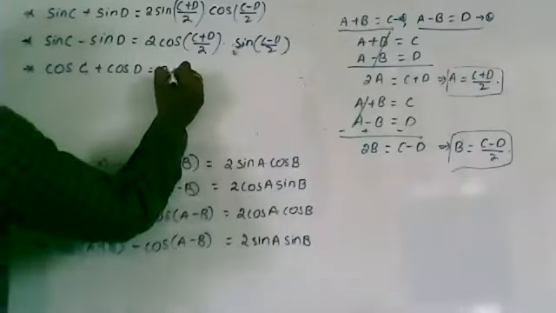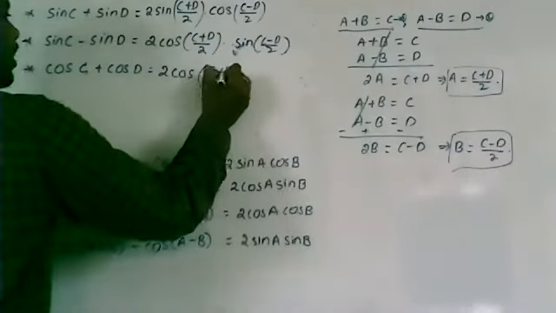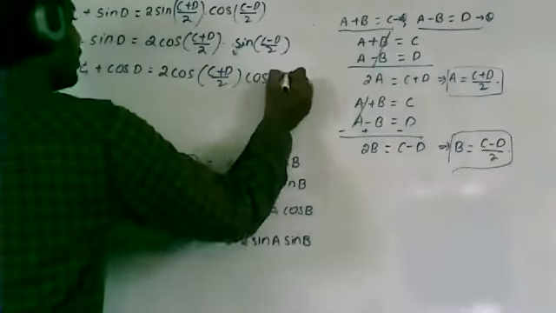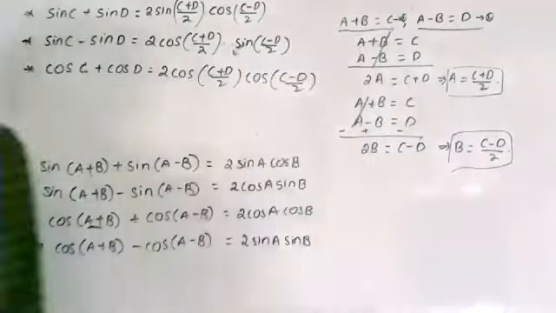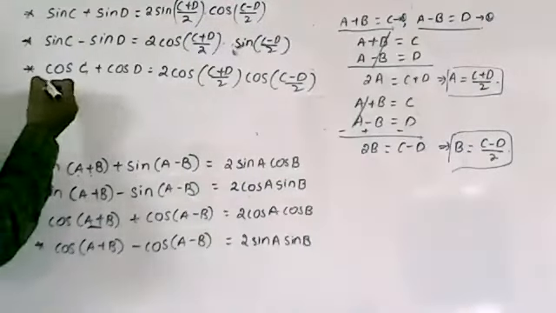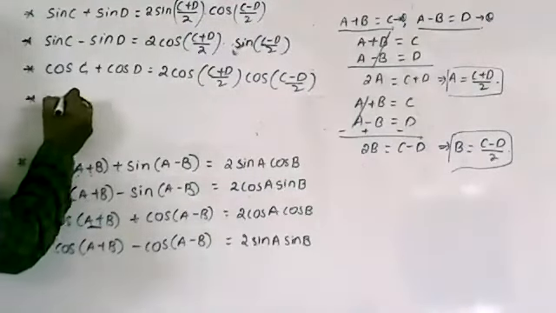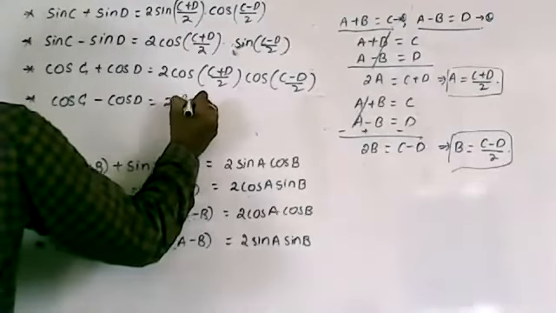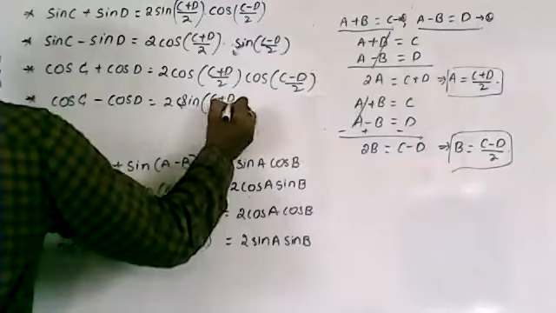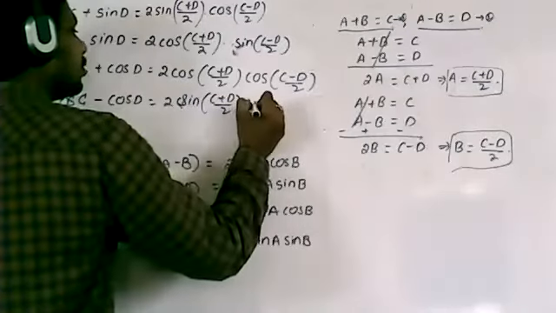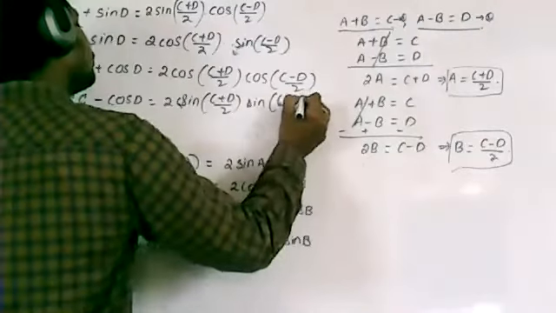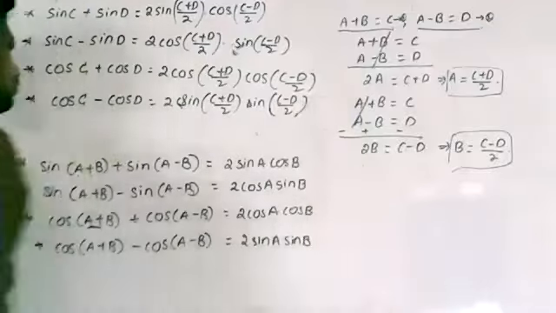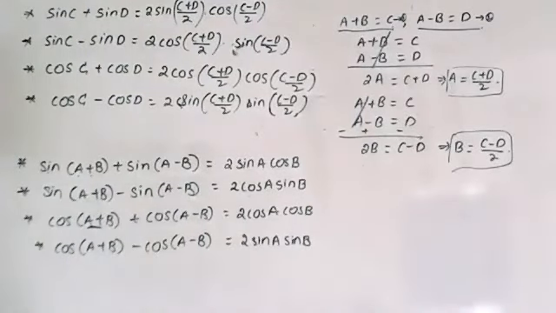It is 2 cos((c + d)/2) cos((c − d)/2). Next, cos(a+b) − cos(a−b) means cos c − cos d, which is equal to −2 sin((c + d)/2) sin((c − d)/2). So these four formulas are also important for derivations in physics.